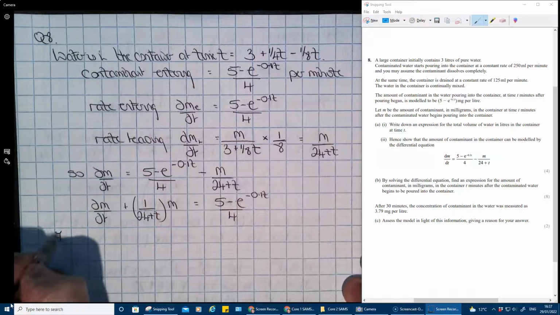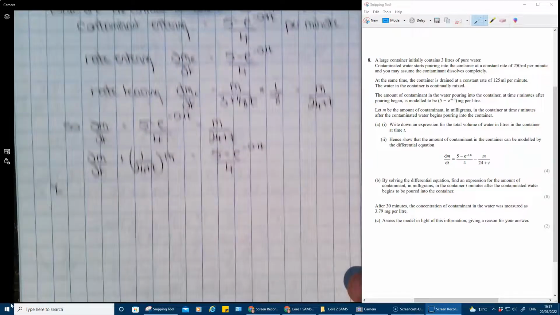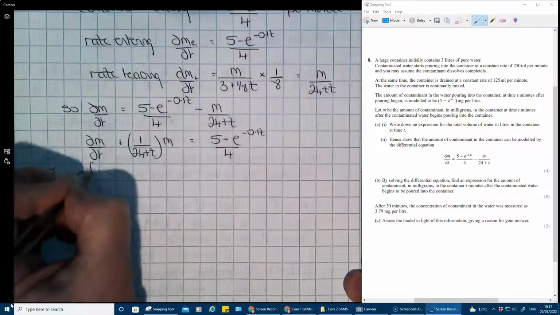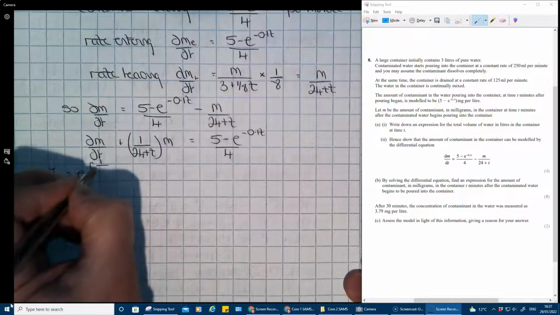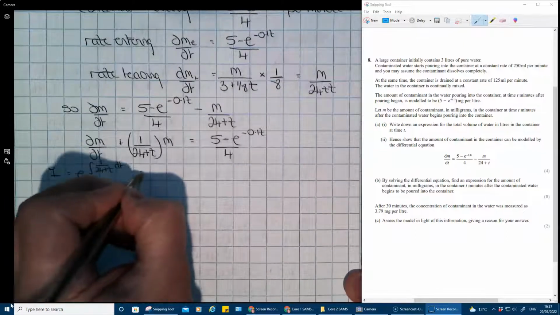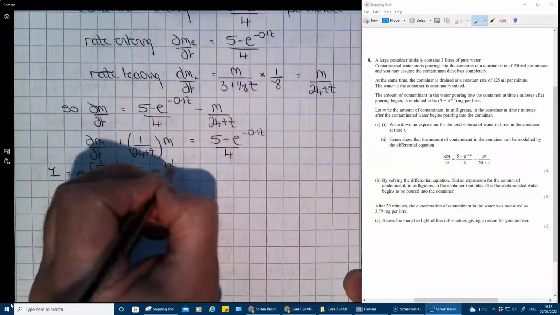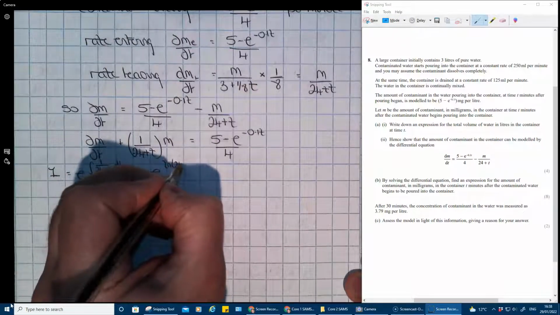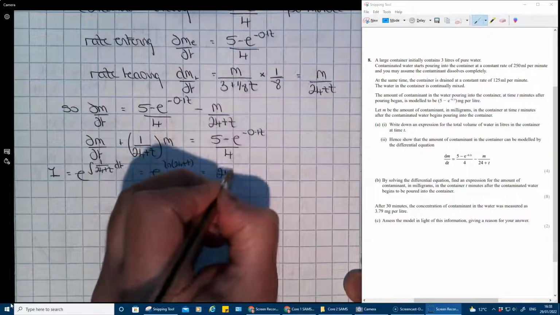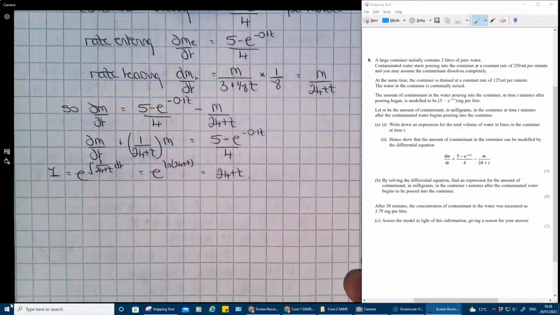So the integrating factor is e to the integral 1 over 24 plus t dt, which is e to the log 24 plus t, which equals 24 plus t.